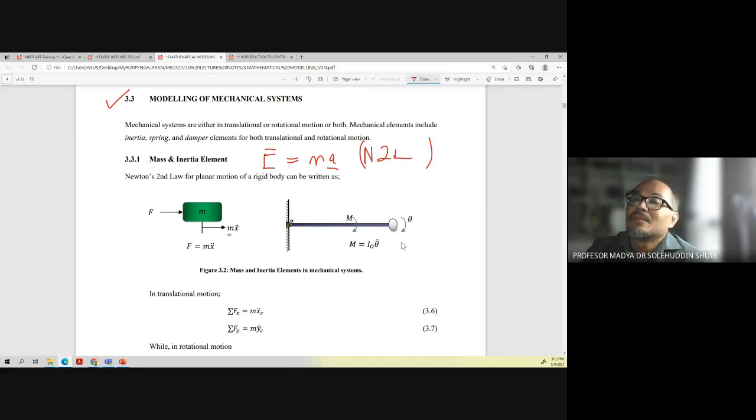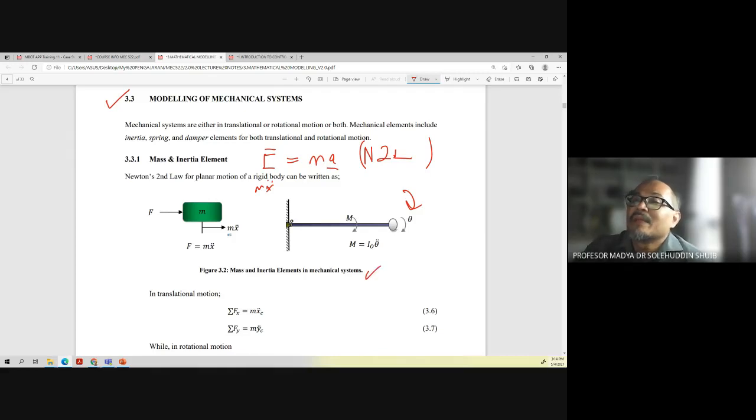So you have a force here and a force over there, and you can see m x double dot. And then we have the inertia, with angle theta, where the moment equals I theta double dot. This is the mass and inertia element in a mechanical system.